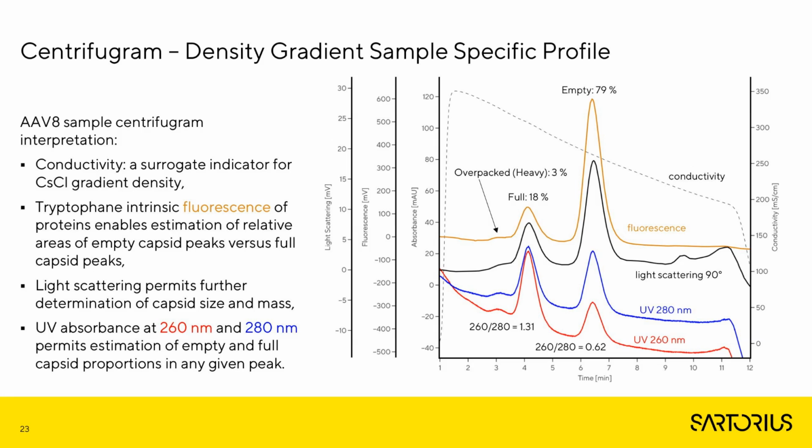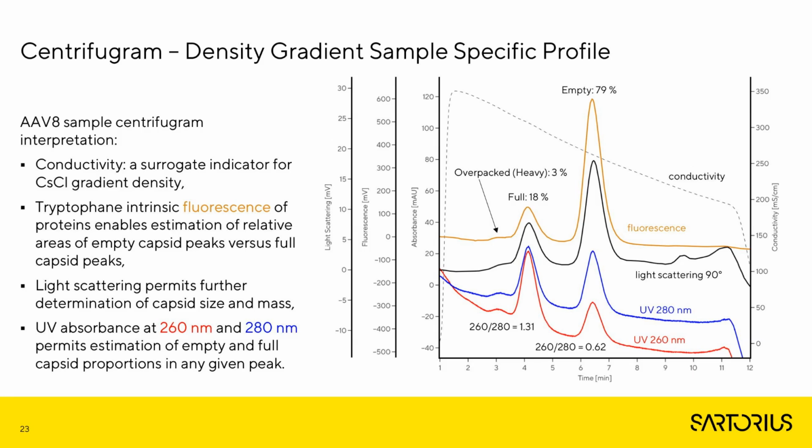If we calculate the ratios between the different detector signals, we can further characterize the type of molecules that are eluting at a specific time point in the gradient. For example, with the ratio 260 to 280, we can quite precisely identify and distinguish between empty and full AAV capsids.